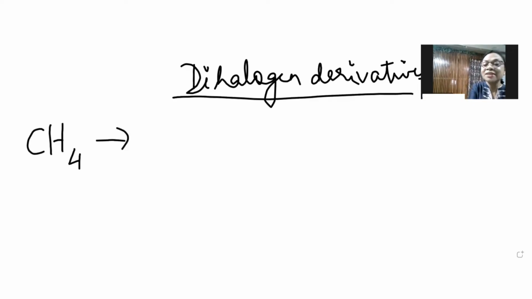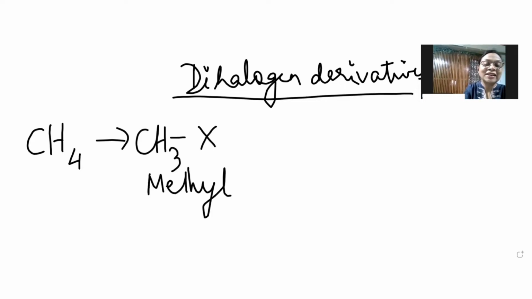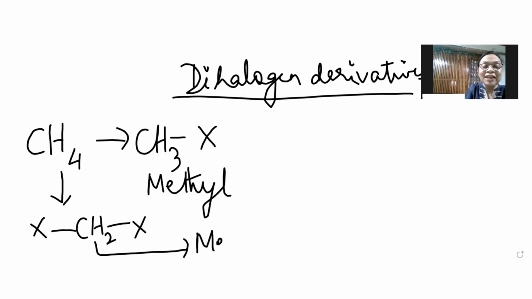If I replace one of the hydrogens of methane with a halogen, this becomes a methyl halide. Similarly, if I try to replace two hydrogens of methane with a halogen, then this is called a methylene. Remember that CH2 is called a methylene.